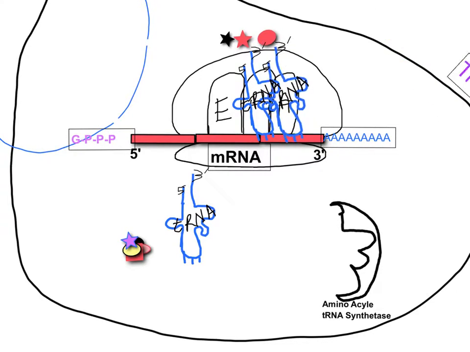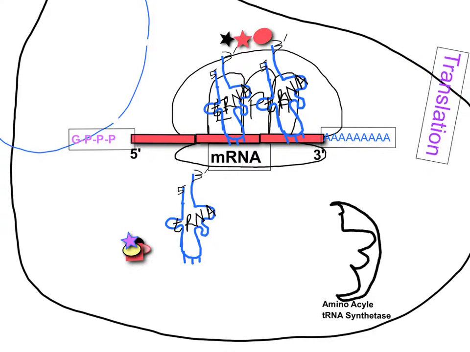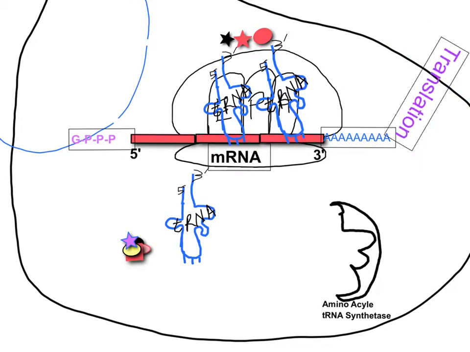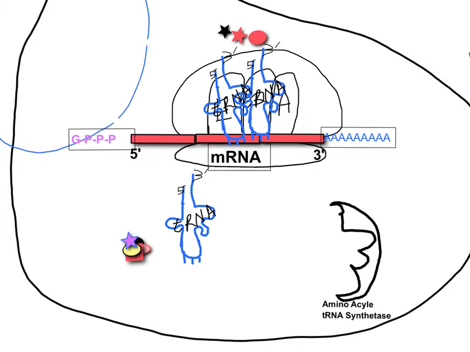So now again the transfer RNA present on the P site is going to leave and move to the E site, and the amino acids of the transfer RNA on the A site will combine, and it will move to the P site, carrying all that peptide chain with it.